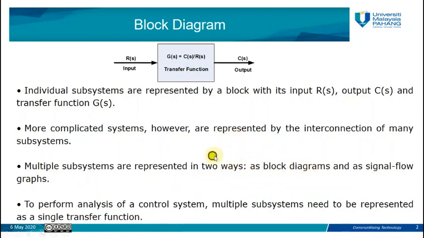In order to simplify such a complicated control system, we need to perform reduction techniques in case of the block diagram, or we need to use Mason's rule in case of the signal flow graphs. After we simplify the complicated control system, we can perform further analysis to study the transient response, steady state response, and also find the stability of the system.